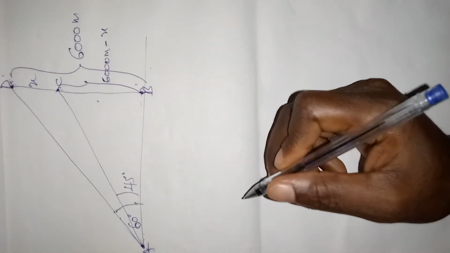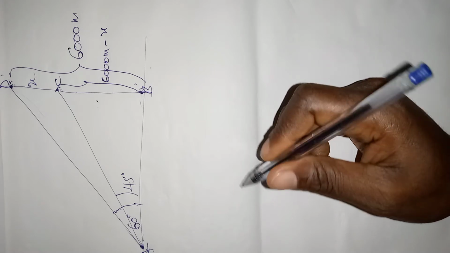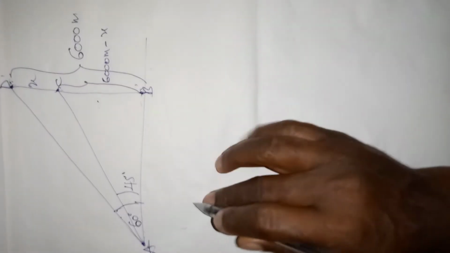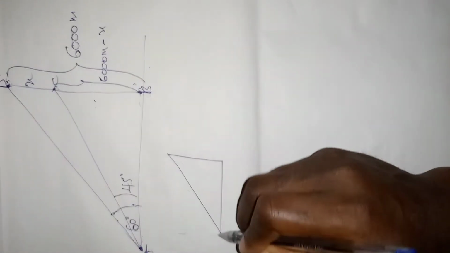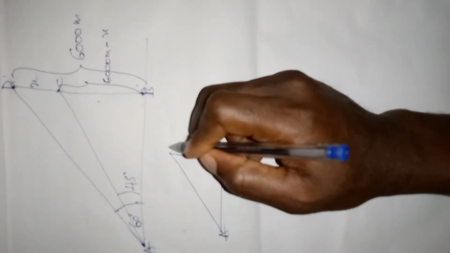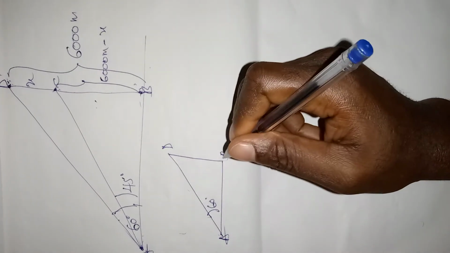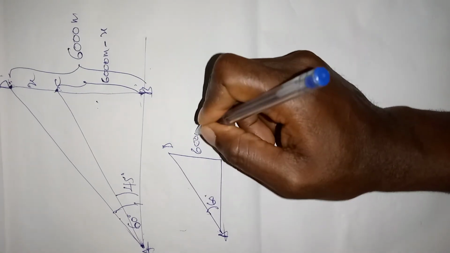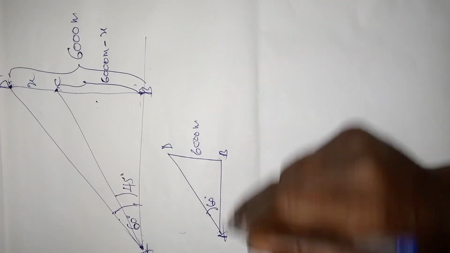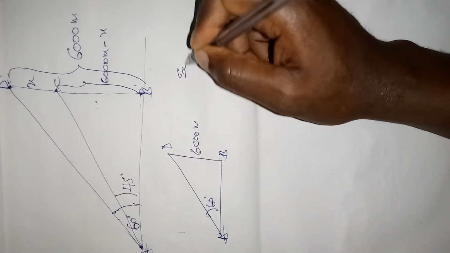Now, taking into consideration triangle ABD, we have angle 60 degrees here, and the height from B to D is 6,000 meters. So we can find the distance AB using our trig ratios.